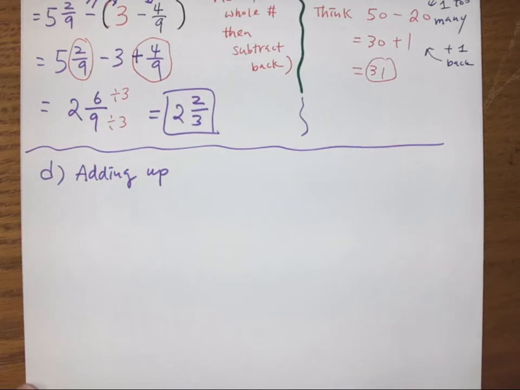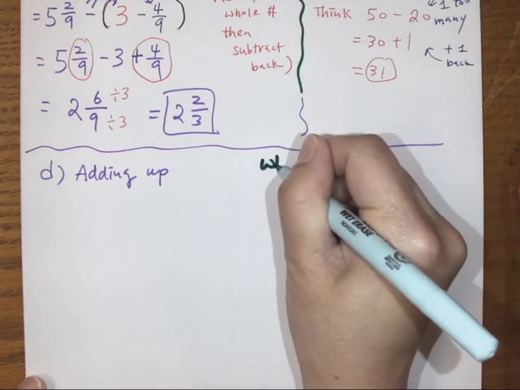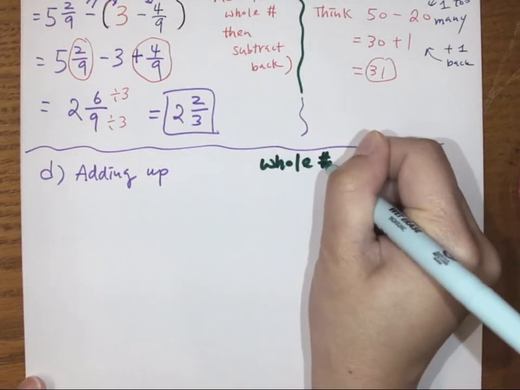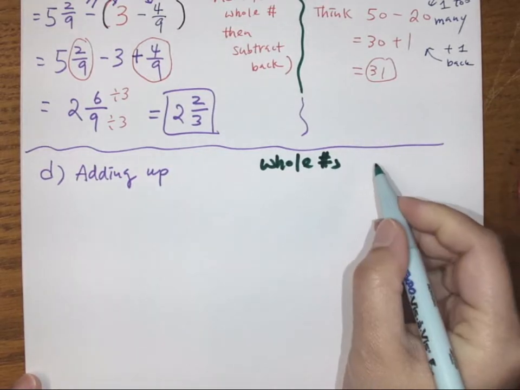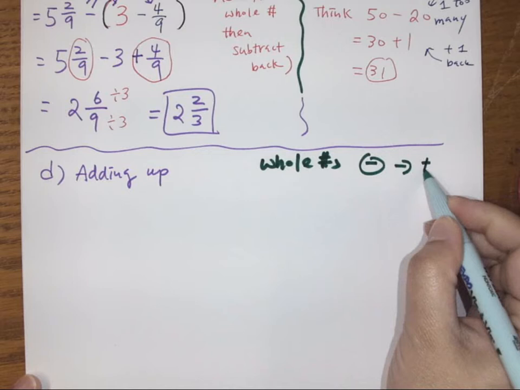Okay, so adding up. On the first exam we did some questions adding up with whole numbers, right? The whole number adding up is changing a subtraction question to an addition question, right?